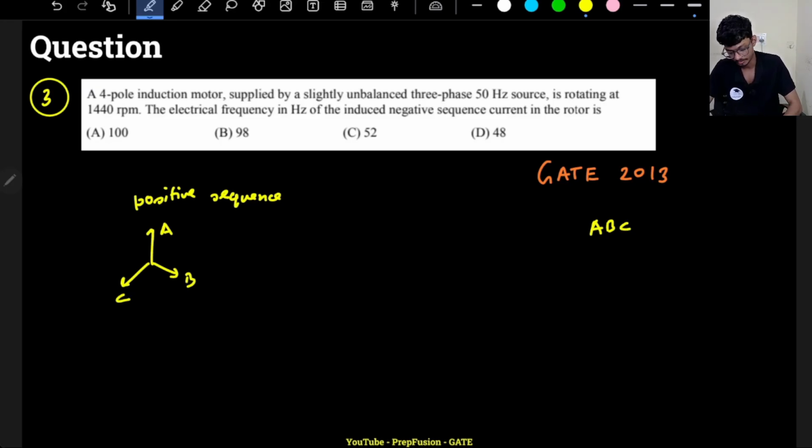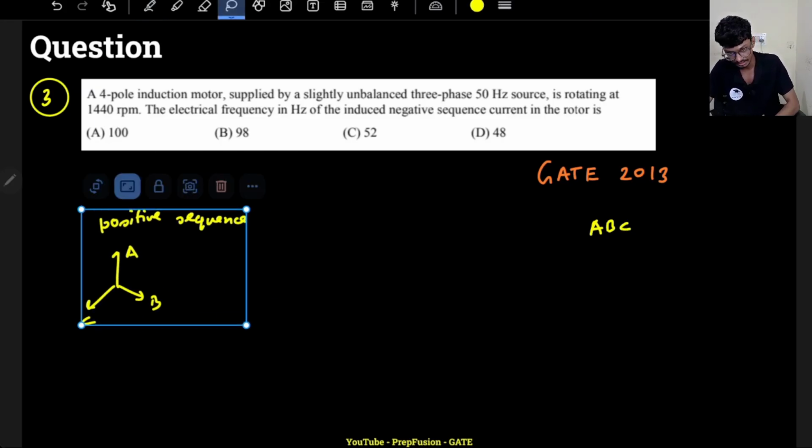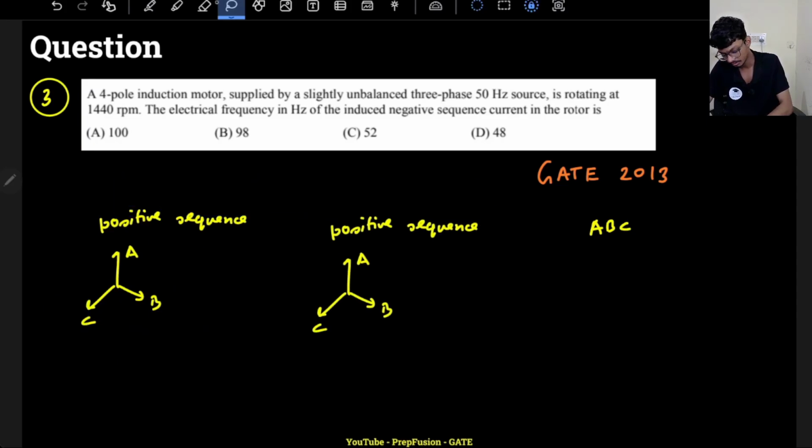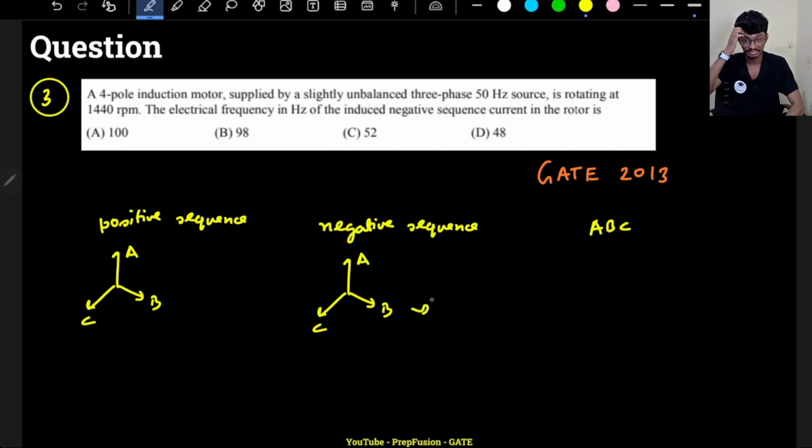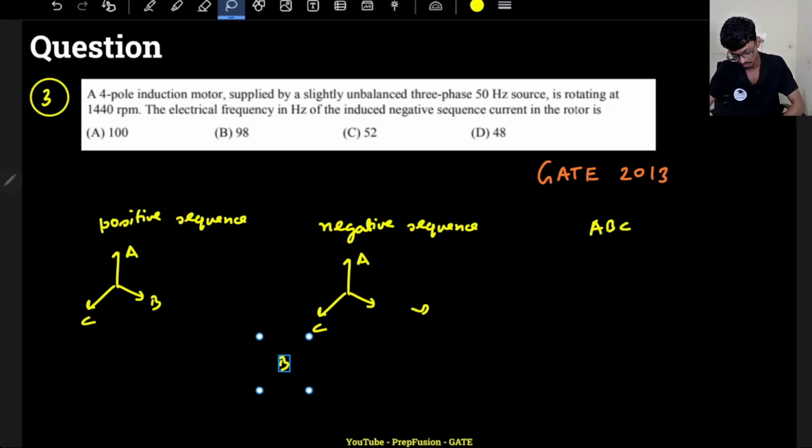But what about the negative sequence? If it is an unbalanced supply, it will contain the positive sequence, of course, just like the fundamental component. Then it will contain the negative sequence component, whose phase sequence will just be opposite. That's why the name negative. So it will be ACB.